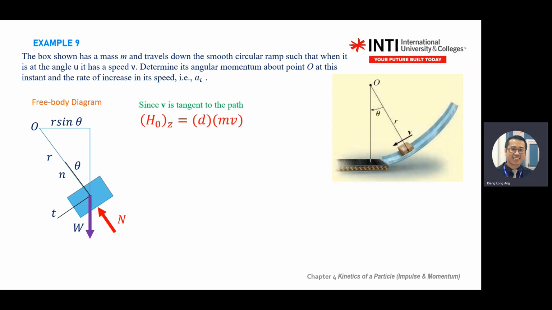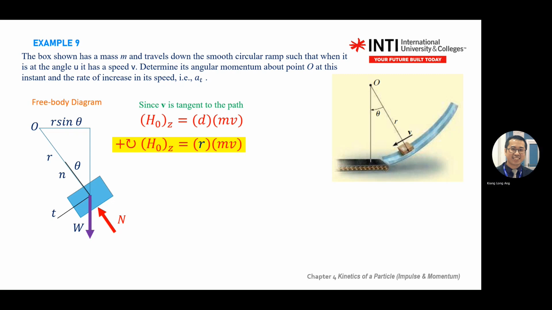So the angular momentum, what is angular momentum? You take momentum times the distance, which is at 90 degrees. In this case, it is the R, which is 90 degrees to the velocity of your object. Your V is in this direction, tangent direction. So it is R cross mV.